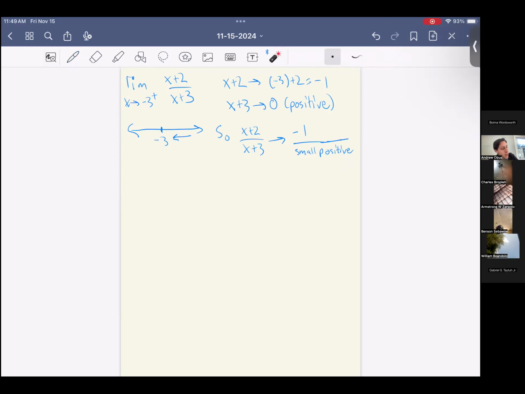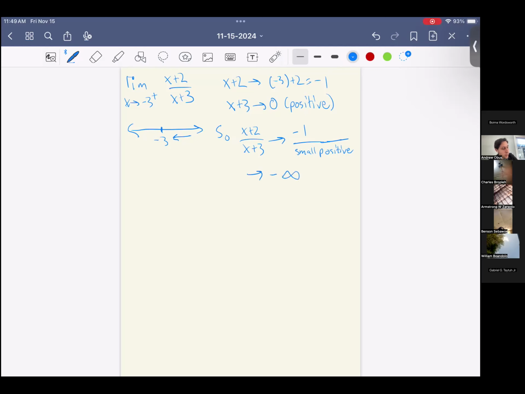So as this denominator goes to 0, which is what's happening as x goes to -3, our numerator is -1, our denominator is a small positive number. So what does the quotient go to? Yeah, hello, Gabriel. Yeah, the quotient will go to negative infinity.